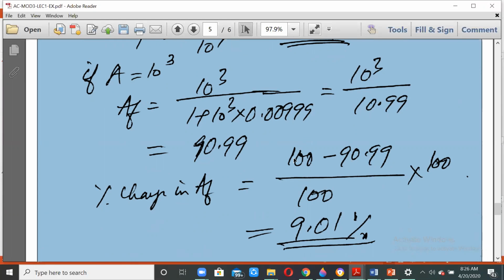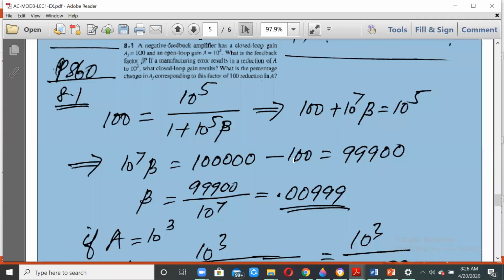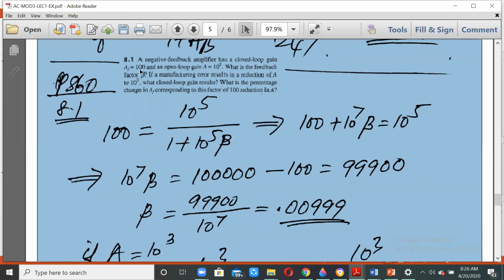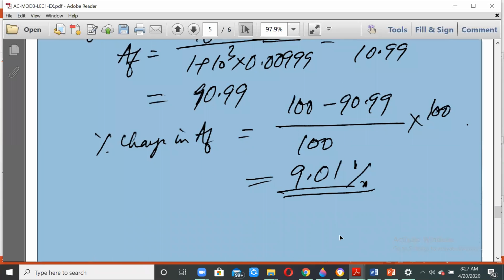Earlier AF was considered 100. That is what we have written here. Now it has become 90.99, divided by 100 into 100. That will give us 9.01, or just approximately 9%.